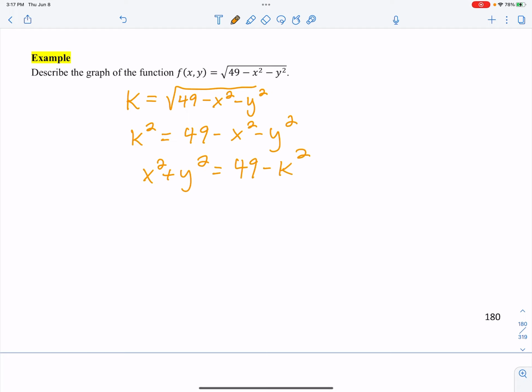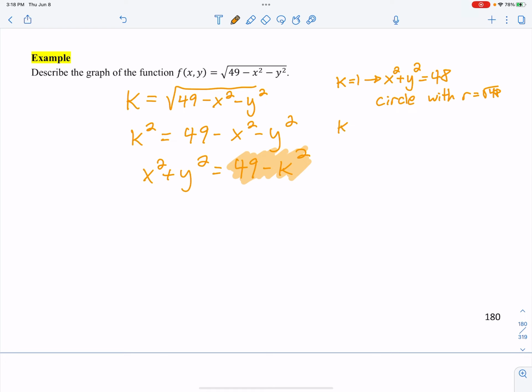Switching the sides, let's start identifying what this is. If I let k equal 1, I get x squared plus y squared equals 48. This is a circle with radius squared of 48.